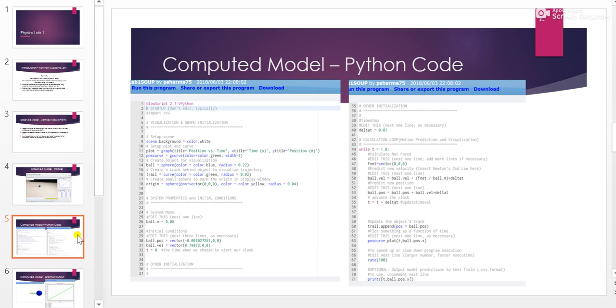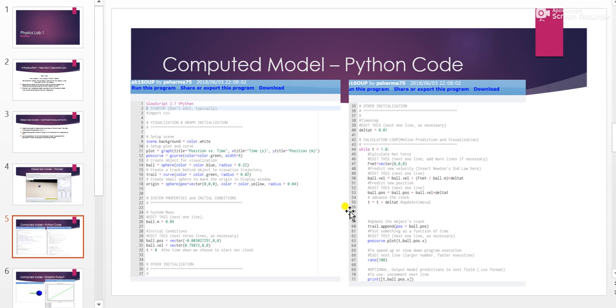Then for the computational model, I used the initial Python code that we were given, but we did have to make some changes to it in order to get the desired output. I had to change the initial mass of the ball because that was different, the initial position, and the initial velocity, which I got from the tracker technology.